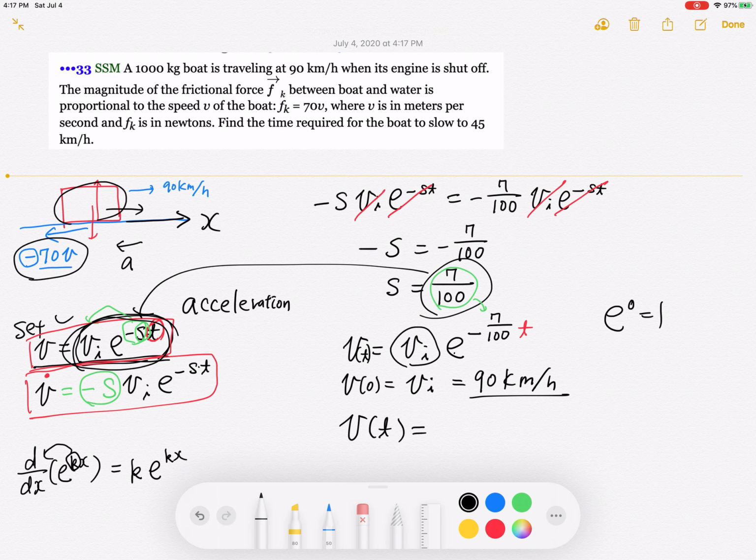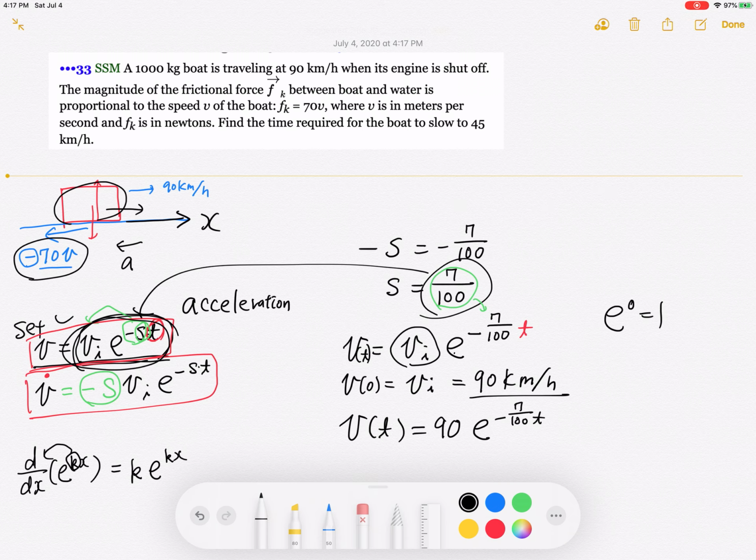So we found a general solution for this equation of motion, which is 90 times e to the negative 7 over 100 t. Okay. Now, let me erase this again here.